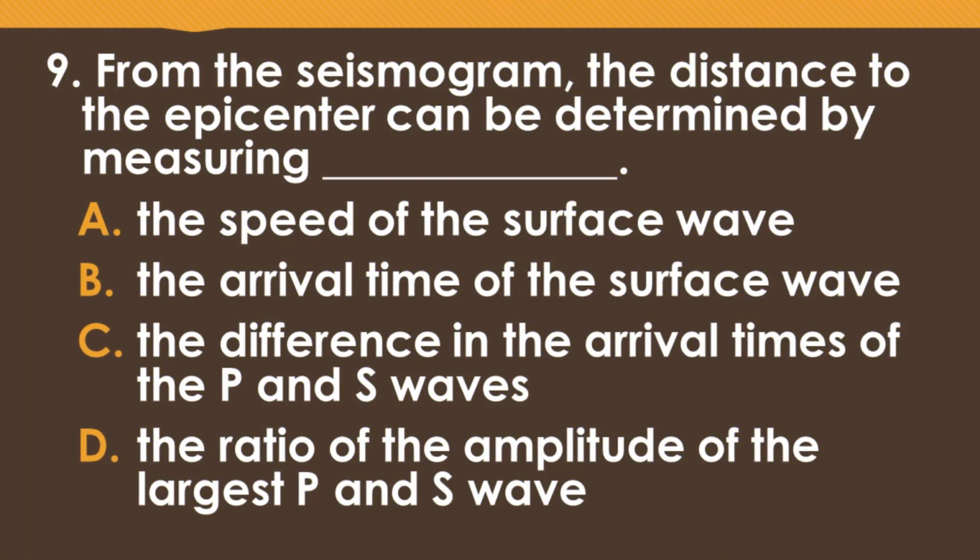9. From the seismogram, the distance to the epicenter can be determined by measuring blank. A. The speed of the surface wave, B. Arrival time of the surface wave, C. The difference in the arrival times of the P and S waves, D. The ratio of the amplitude of the largest P and S wave.